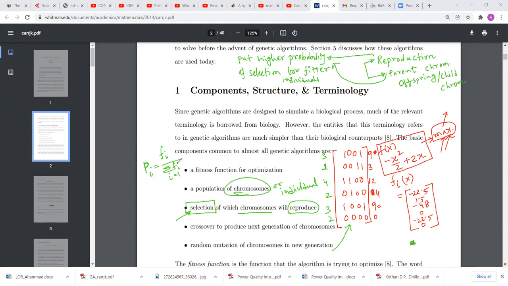Okay. So you'll see that if I simply follow this formula, then I will get a probability chart with some specific probability across each of these fitness values, or each of these individuals.